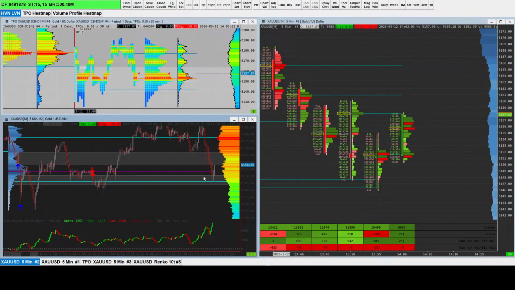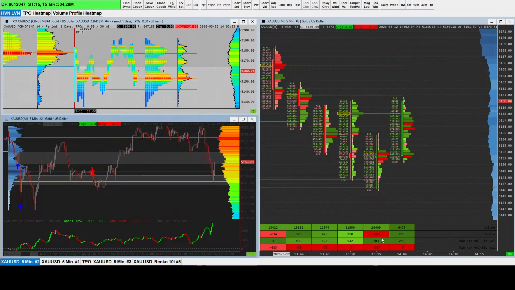I'm gonna get rid of my trade here. Here's one spot, I believe 5170 or 69, something like that. Let's say about 5170, and the other price is 5178. 8 handles. Why couldn't this be positive delta, bro?